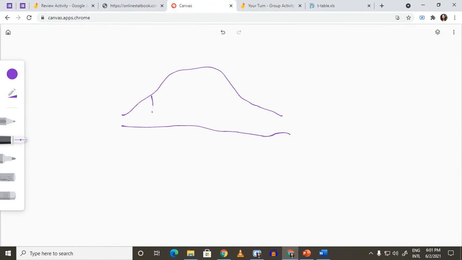So, nasa ba yun? Around this area again, negative 2.33. So, ang rejection region niya, itong area na ito. So, ibig sabihin, Z is less than or equal to negative 2.33 for our rejection region. Okay, may katanungan po.